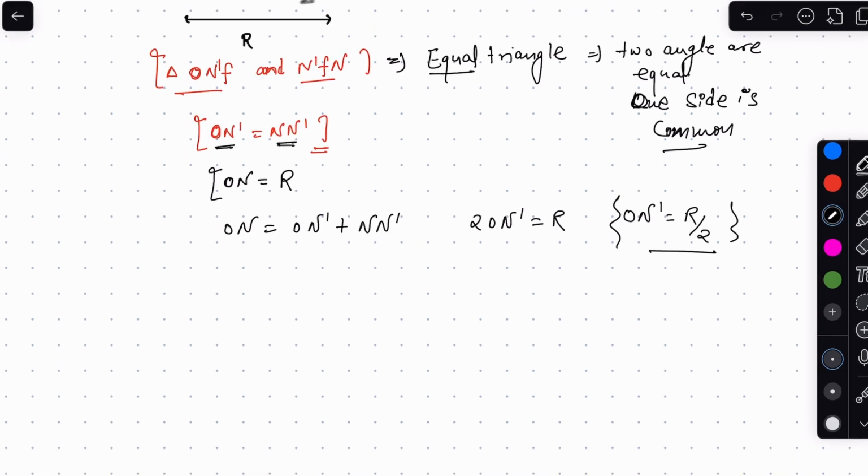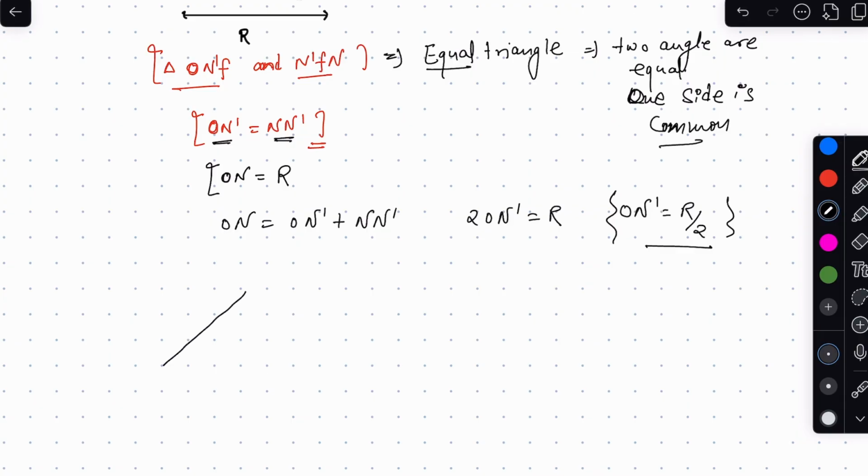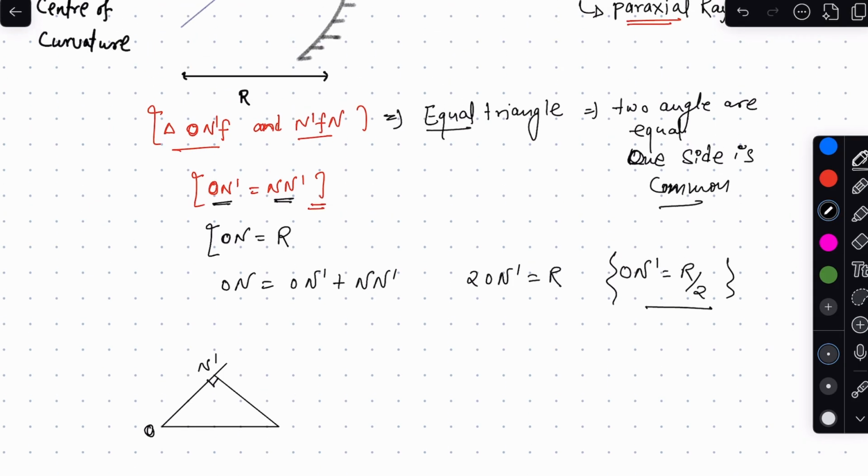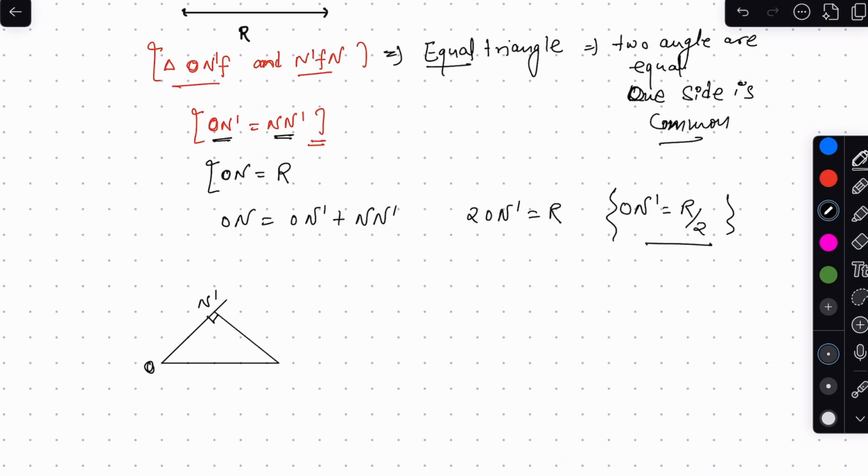Now let's again take this triangle. So we got this triangle like this, and we have a perpendicular like that. This is O, this is n dash, and this is F point, right? This we got is R by 2. Now let's find out the OF value. I can say that this angle is theta.